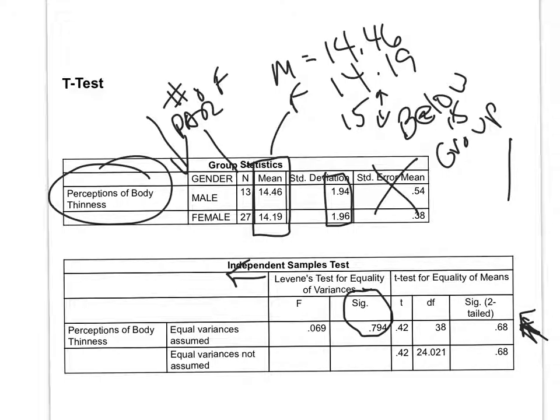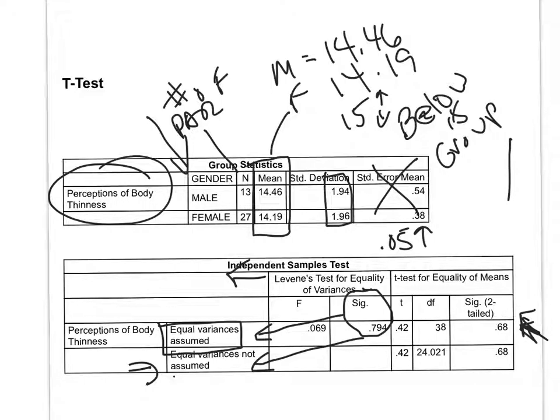This number right here does one thing and one thing only. It's only going to pick between equal variances assumed and equal variances not assumed. Using our typical magic number of 0.05, if it is above, you're going to stay on the equal variances assumed line. If it's below, you're going to use this one, equal variances not assumed.